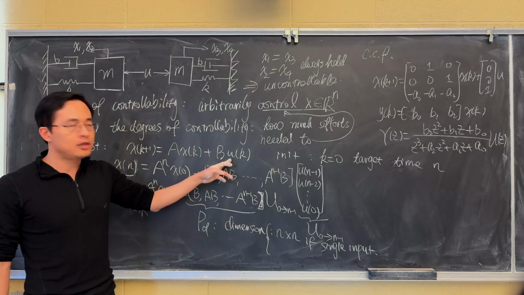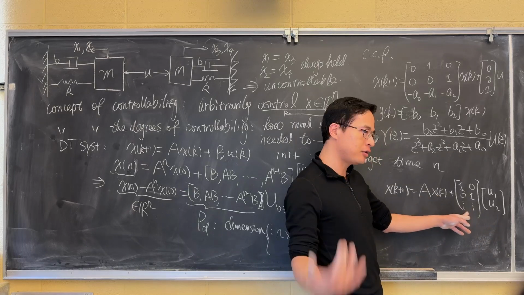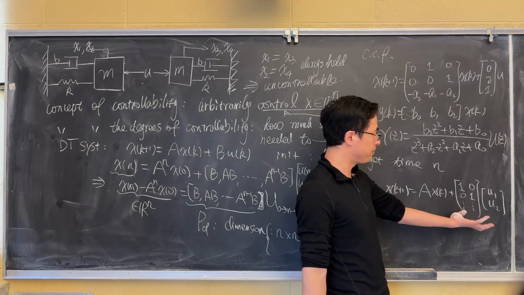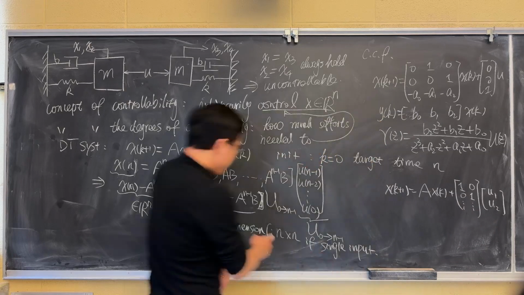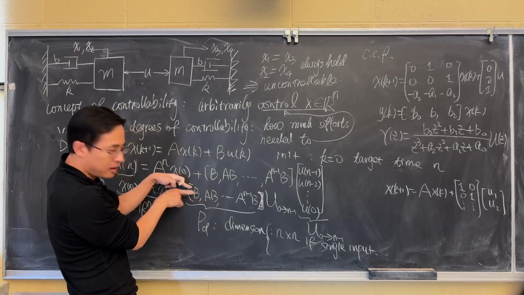If u has multiple inputs, say two inputs, then your B matrix is going to have two columns. That's the way for this multiplication to work. In that case, you still have n rows. The number of rows doesn't change.